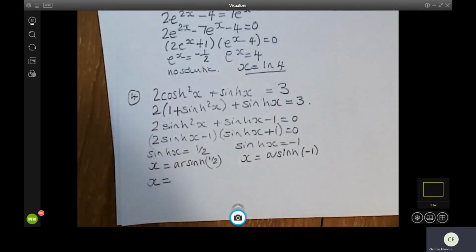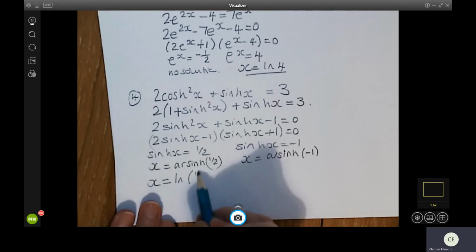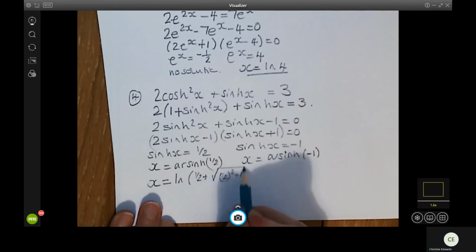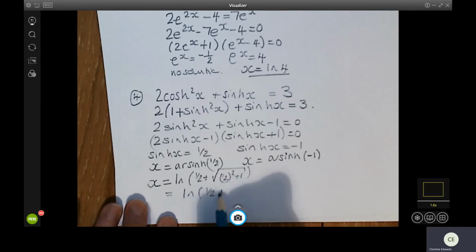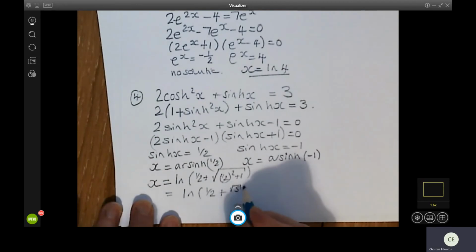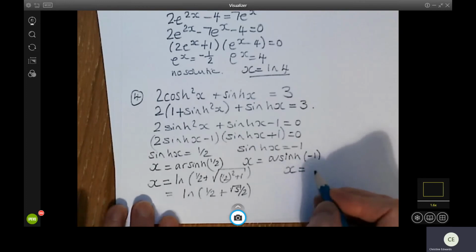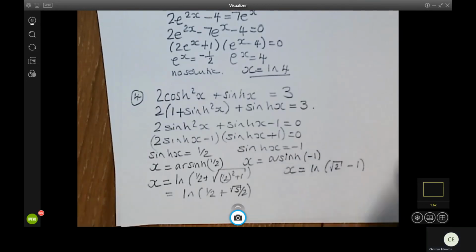So that's going to give me the log of a half plus the square root of a half squared plus 1, which is the log of a half plus root 5 over 2. And in a similar way, x is the log of root 2 minus 1. And there I have my 2 solutions.